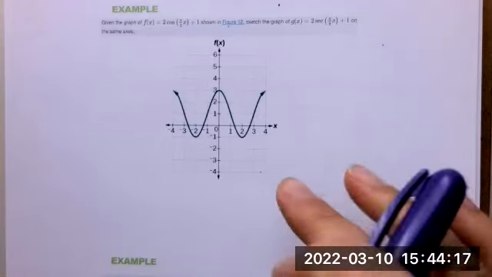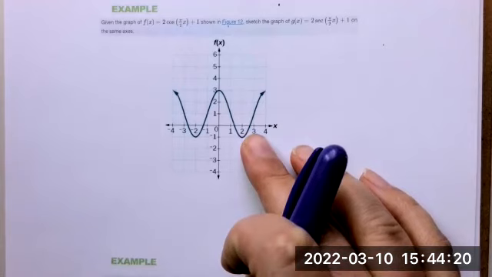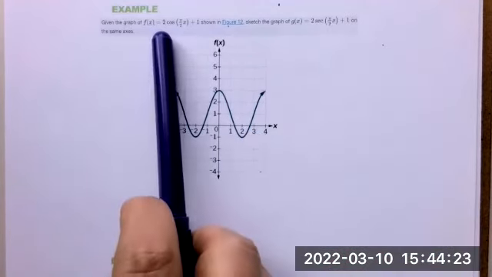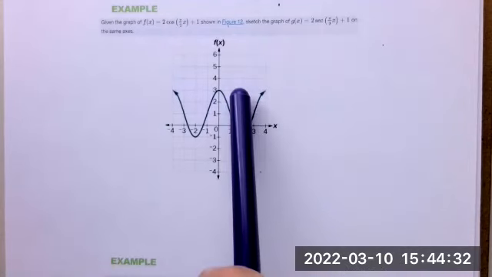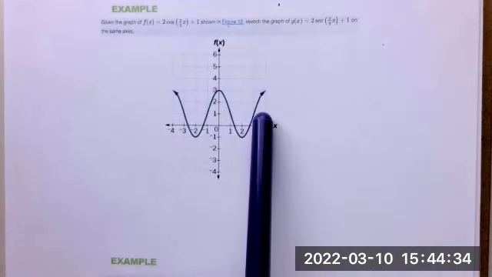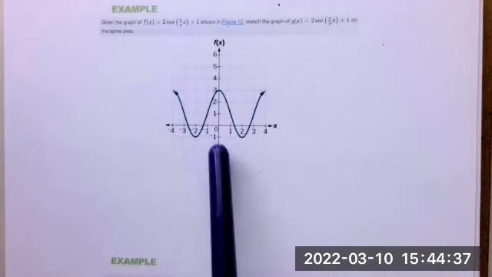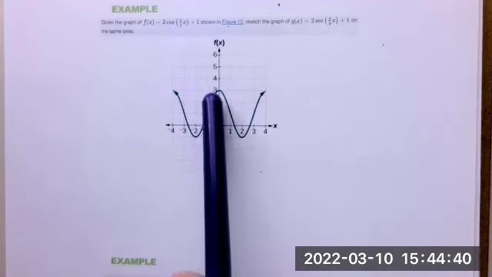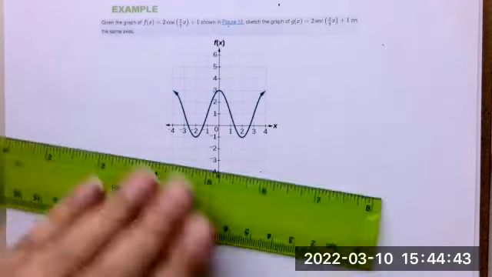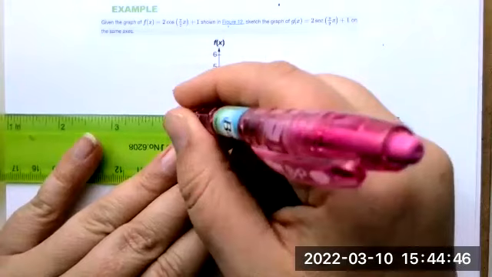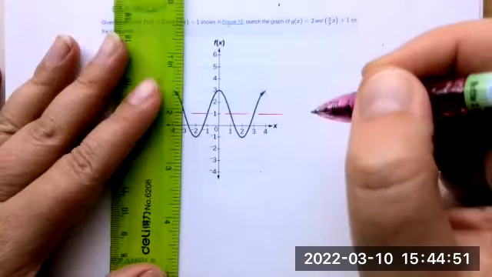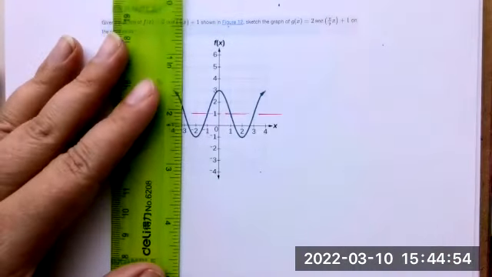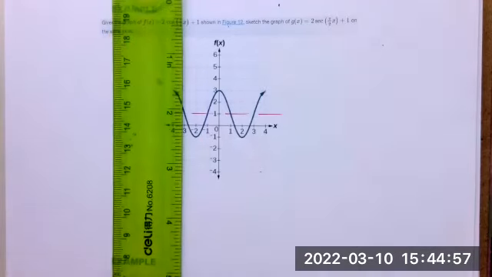Now, what do you do if you're given a graph of the cosine function like this, and you're asked to sketch a graph of a secant function? First of all, you find the midline for this cosine graph. Here the minimum is -1, the maximum is 3. So the midline is going to go through +1. Now you see where your graph crosses the midline, and those are going to be your asymptotes.